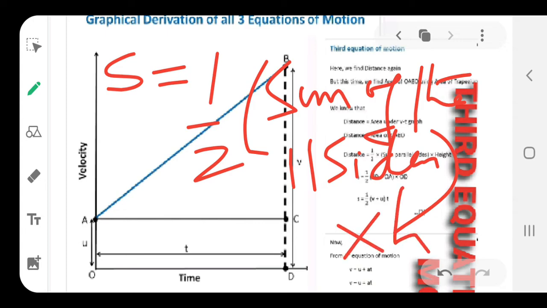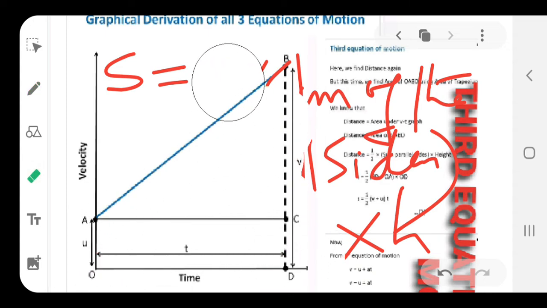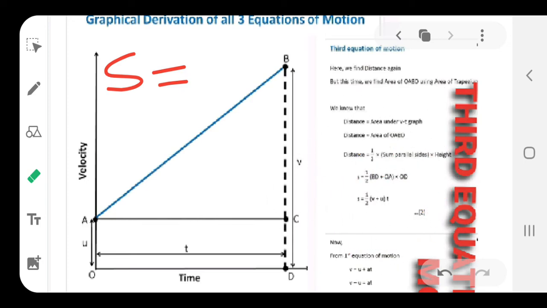Again, check it out. It is half the sum of the parallel sides into height. Now, what are these sides which you can think to be parallel? You can see this side is parallel to this one, and this will be the height of the trapezium. So just putting the terms in the respective order, you get the solution.